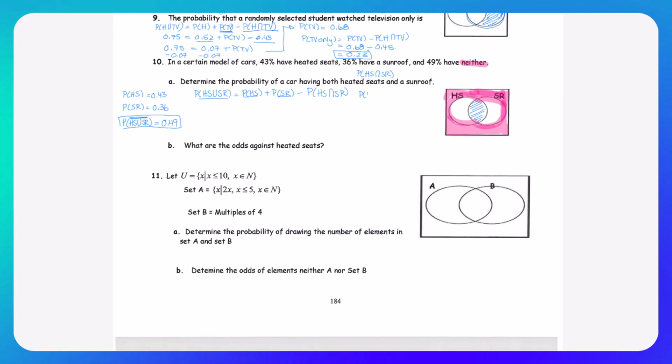So the probability of HS or SR, plus the probability of not HS or SR, all of that together, that's got to equal 1.